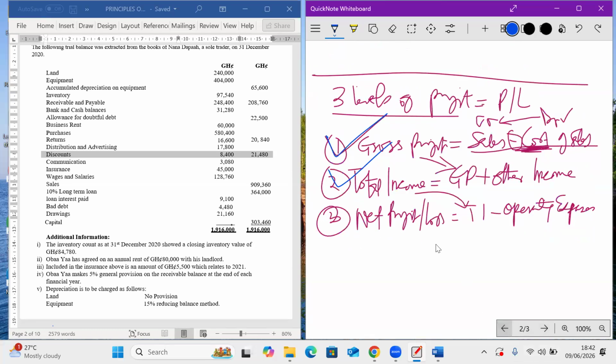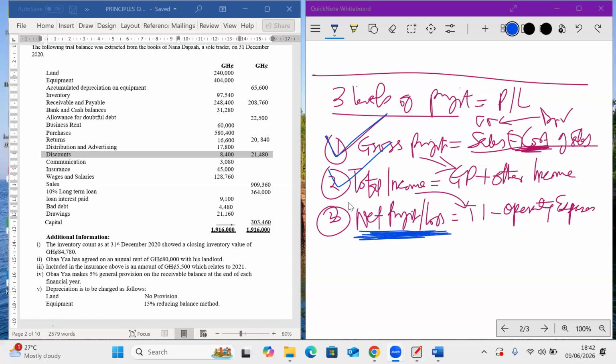What is the next profit we have to solve for? Total income minus operating expenses. No, no. What is the next level of profit we have to solve for?